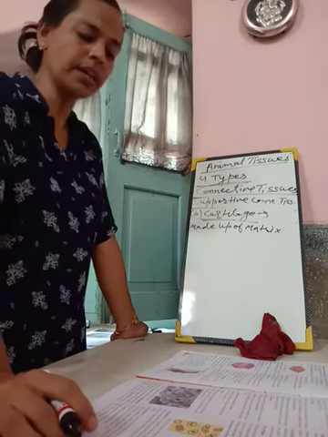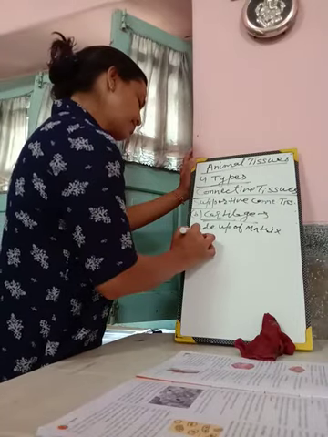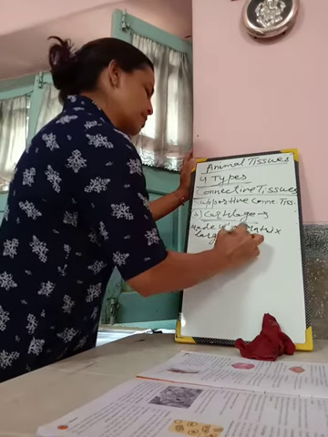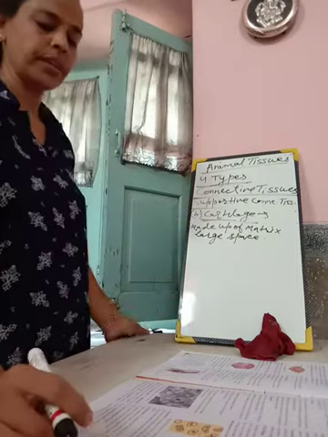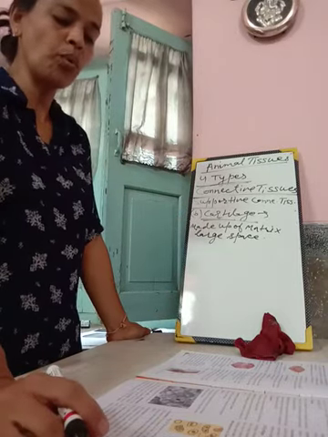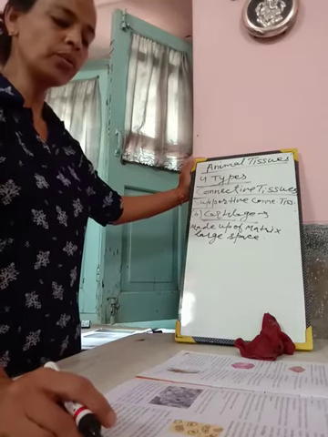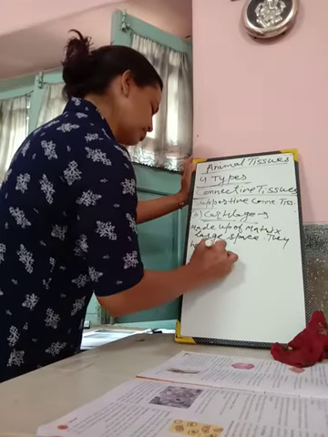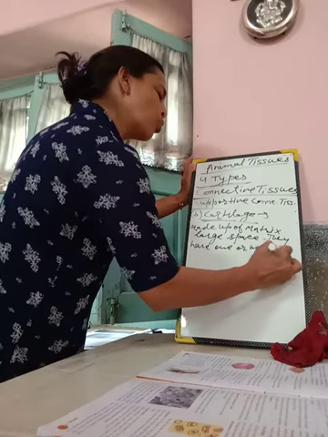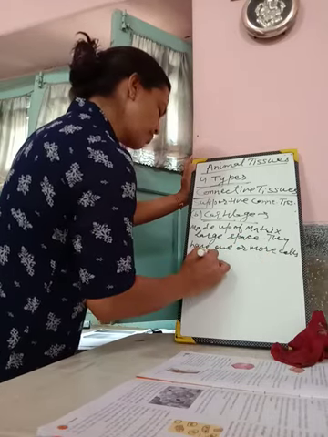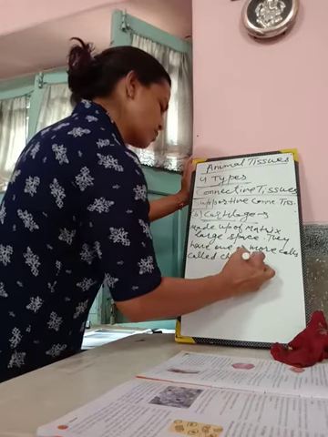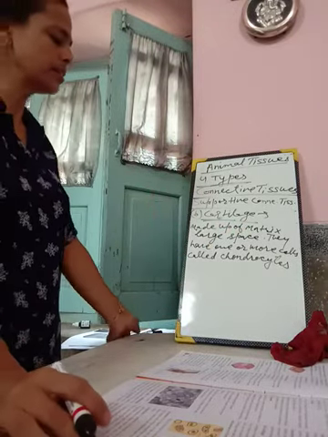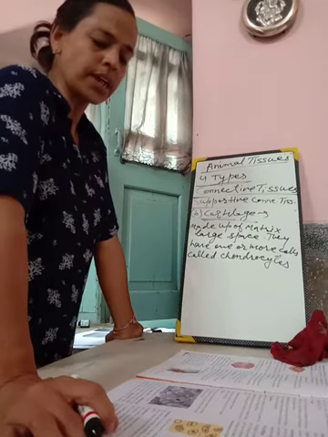The matrix has a large number of spaces. These spaces have one or more cells called chondrocytes.